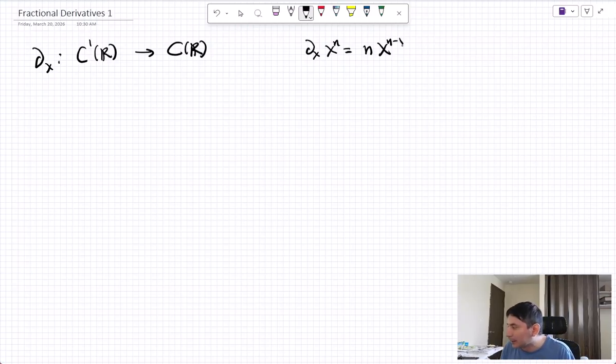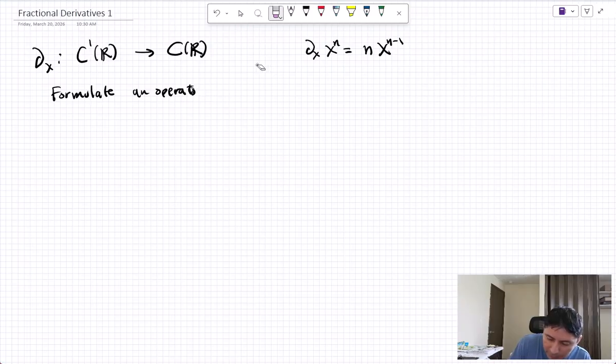Now we want to formulate an operator which we're going to call D_x to the 1/2. I made a mistake here, so I need to learn to spell.